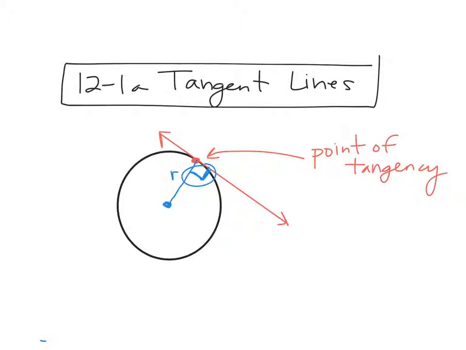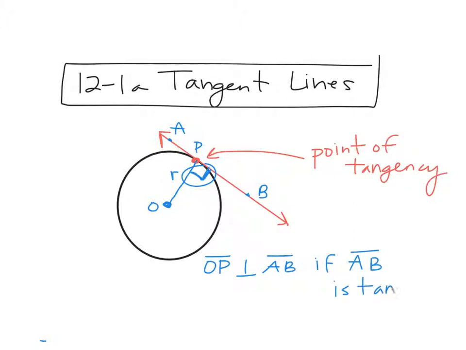Okay, so we would say, just for information purposes, if this is A, B, P, and O, we would say OP is perpendicular to AB if AB is tangent. We'll say tangent to circle O. Okay, so if it's tangent to circle O, then it's a right angle. It will be perpendicular. Questions on that?